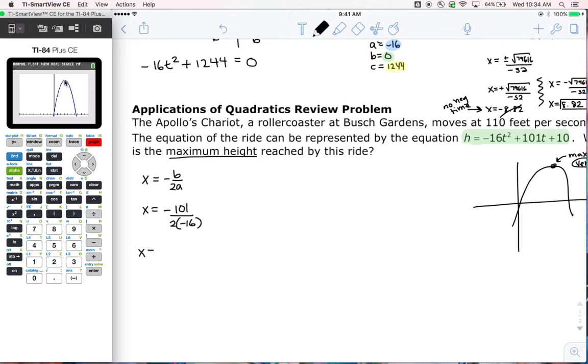So the x of my vertex is negative 101 divided by 2 times negative 16. All right, so we're getting x is 3.16, I'm going to round.